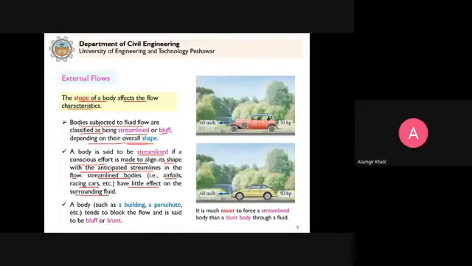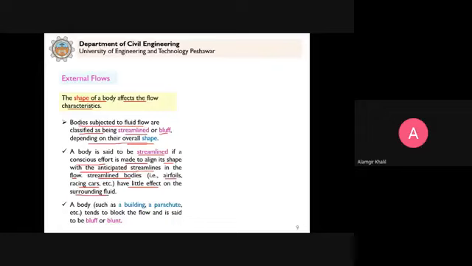Airfoils, I will explain later on what we mean by airfoil, are just like the shape of an aeroplane wing. And we have racing cars, you might have observed their shape. These are known as streamlined.